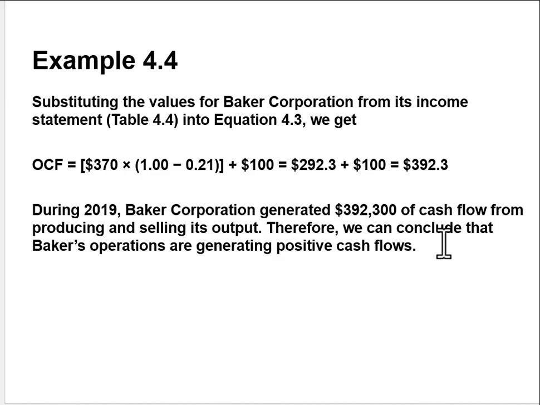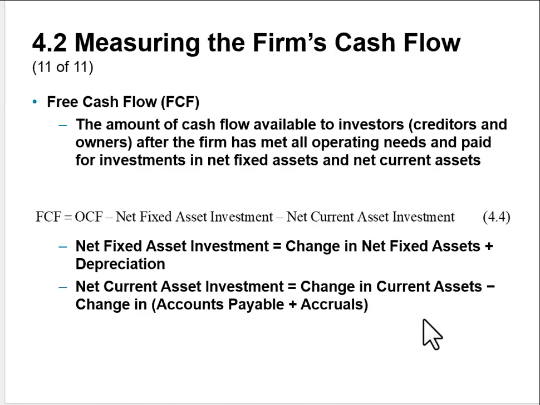We end up with $392.3, add 2 zeros to get to 100,000. That is the operating cash flow of this company. So again, we can conclude from this, at least the number is not negative. From running this company, we are generating positive cash flow from operations.